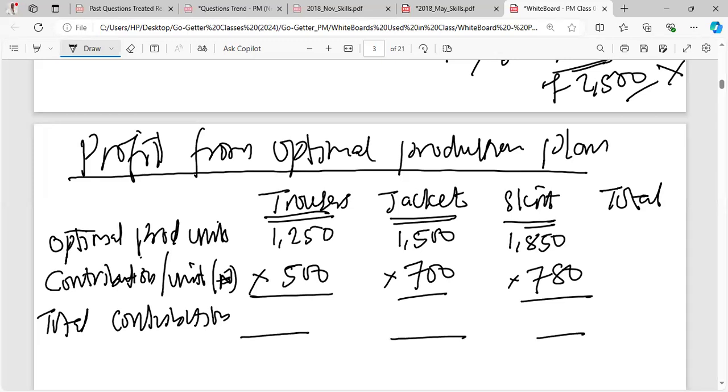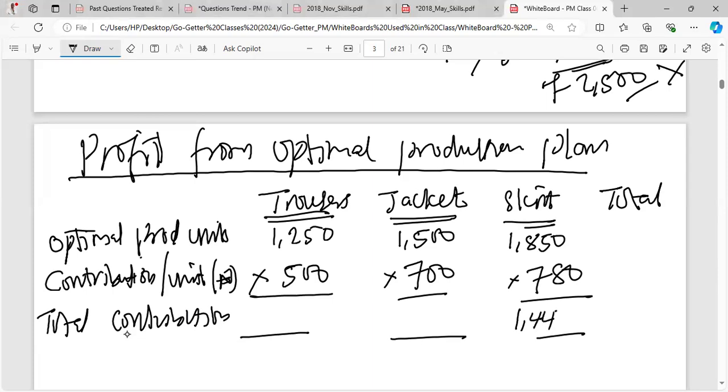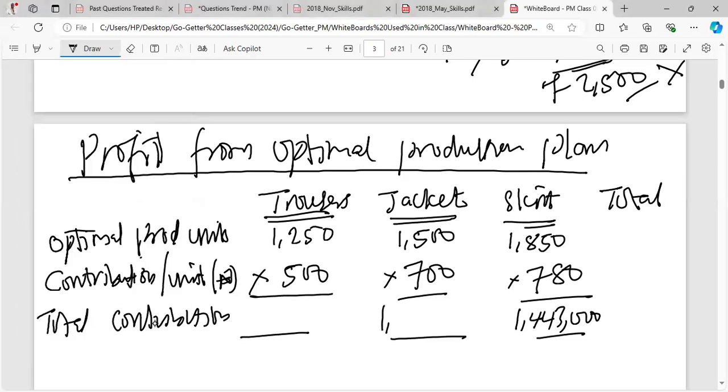So let's do that now. I have 1,850 on my calculator, so I'll multiply by 780, and I have 1,443,000. I'll take it from right to left. 1,500 multiplied by 700 gives me 1,050,000.